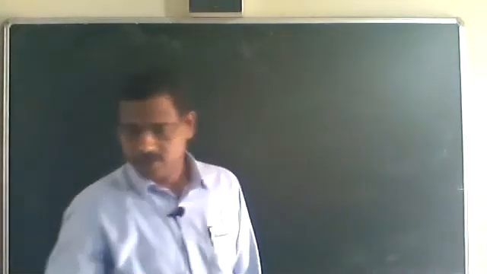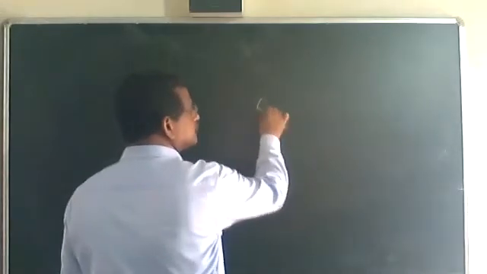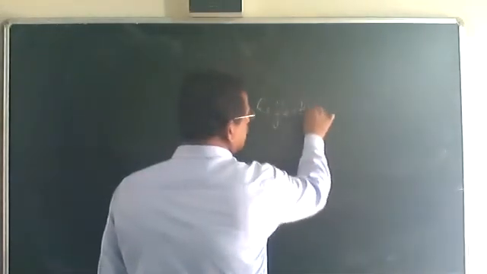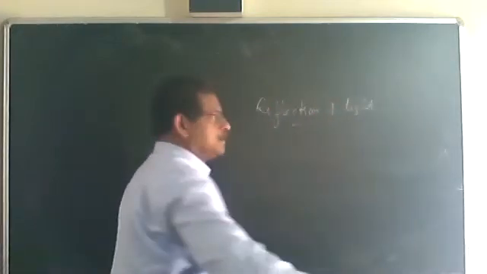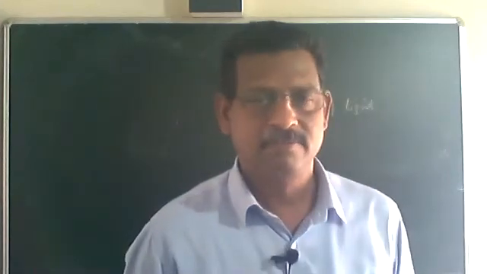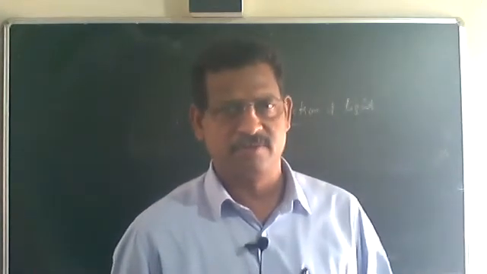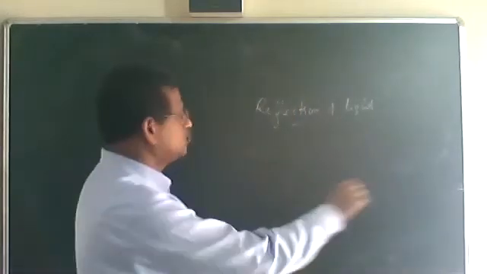So reflection of light, that is the first point. So mainly we are discussing highly polished plane mirror, spherical mirror in the form of concave or convex. You can see three kinds of surface I am marking here on the board.